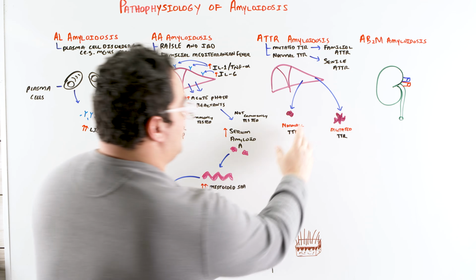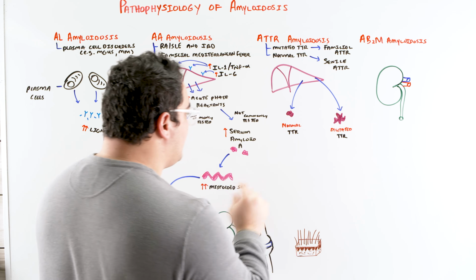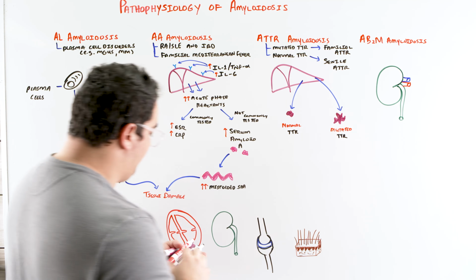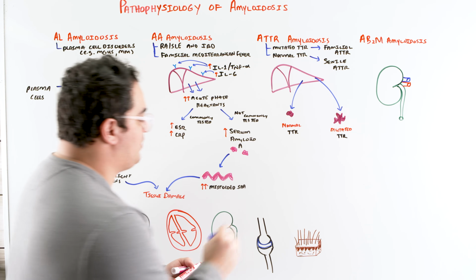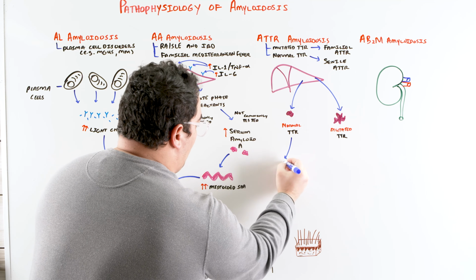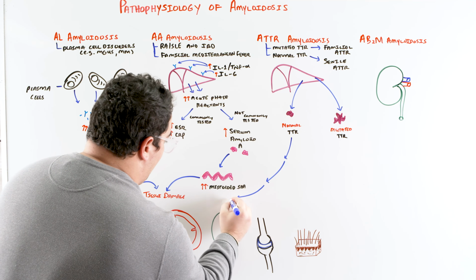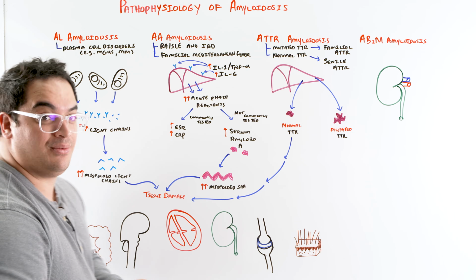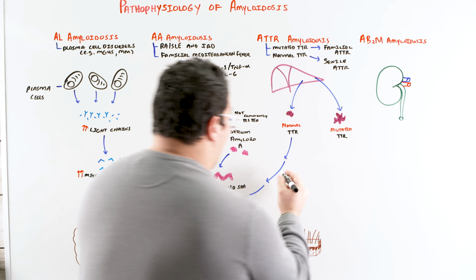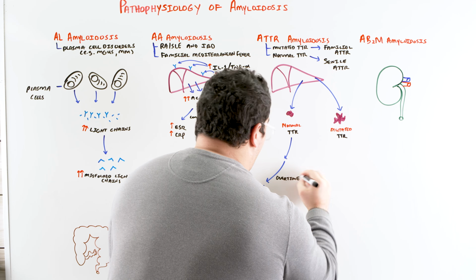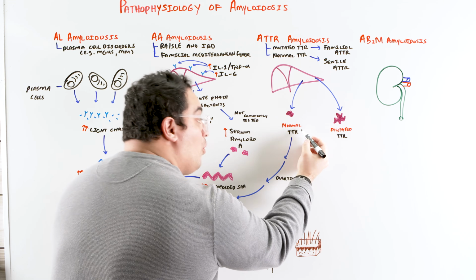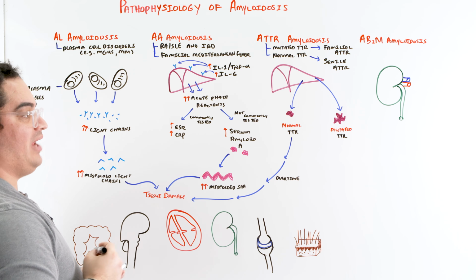Well, really what happens is, in this scenario, the normal TTR protein, over time, consistent damage, that's what I want you to remember, is it's going to be over time. And I'm talking about a person who is really old. So over time, that deposition of the normal TTR protein will cause tissue damage.